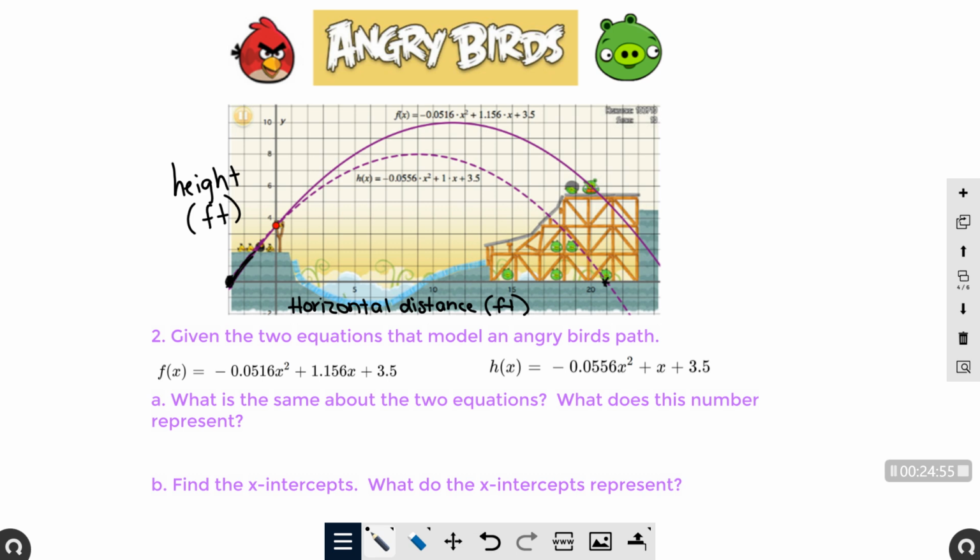What is the same about the two equations? The C value. In both equations, C is 3.5. What does this number represent? Yep. The y-intercept. You're exactly right.